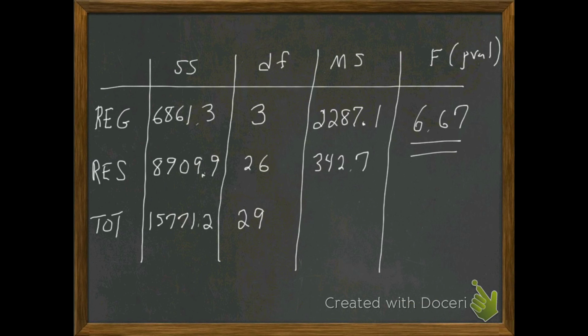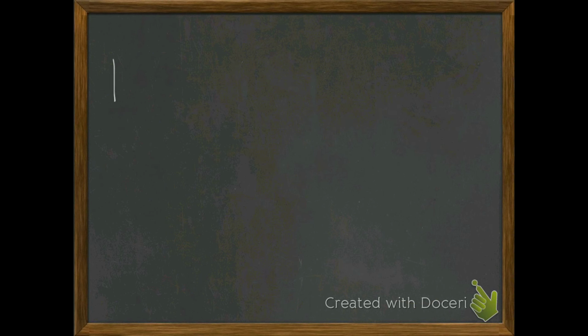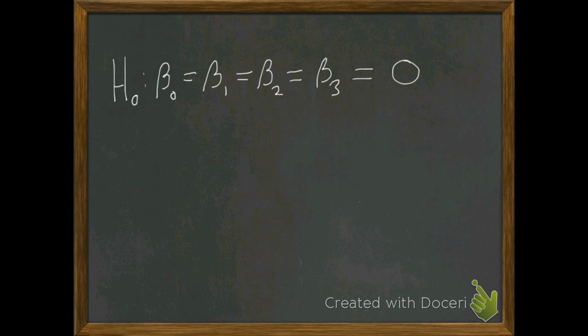Okay? Now, what are we doing here? Here's what we're actually doing. What we're testing with the ANOVA table is H sub 0 that beta 0 equal beta 1 equal beta 2 equal beta 3 are all equal to 0. So none of the coefficients are statistically significant.